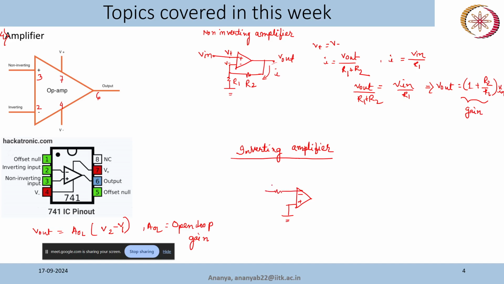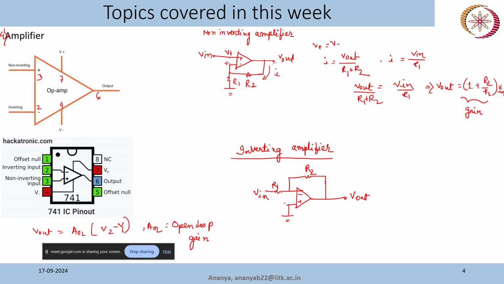This is R1. Here we apply the input voltage. Remember, this V in can be a digital signal, it can be an analog signal also. This is R2 and this is V out. So we are applying this negative feedback for stability.